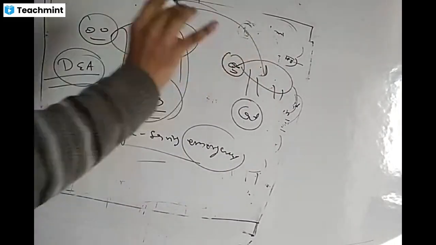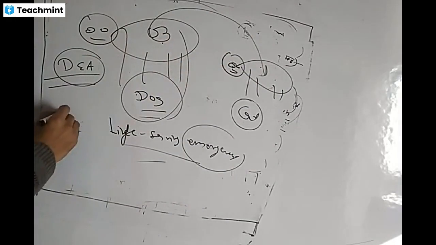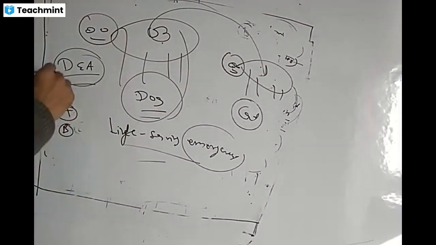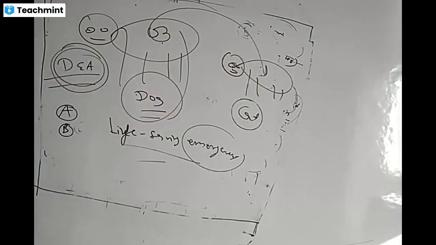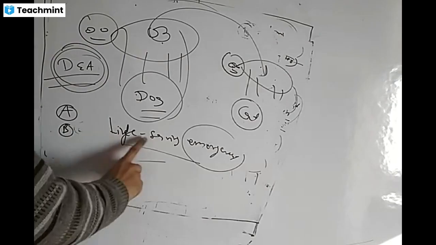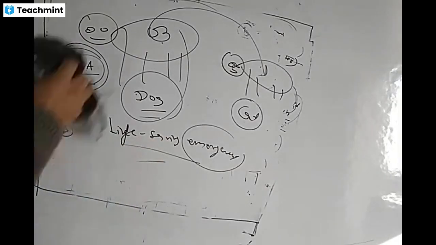In their blood, they have antibodies against A or B, not against the DEA. So the first transfusion will be successful. But this is not indicated normally, only indicated in some emergency situations.